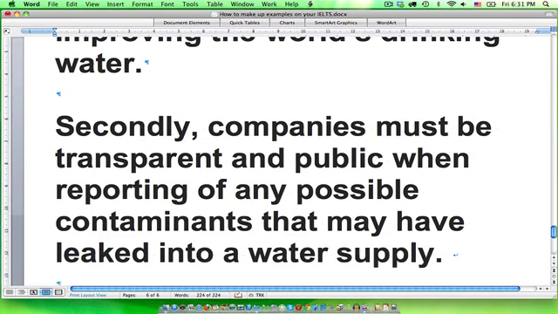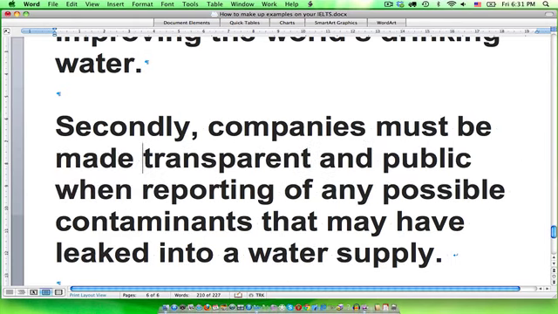Okay. Secondly, companies must be transparent and public when reporting of any possible contaminants that may have leaked into a water supply. Okay, and we might even frame this differently and say made transparent and public, because companies are companies, they're chasing profits, and it's more the law that has to kind of coax them into doing the right thing.